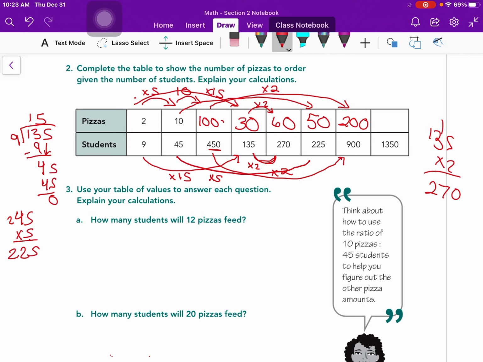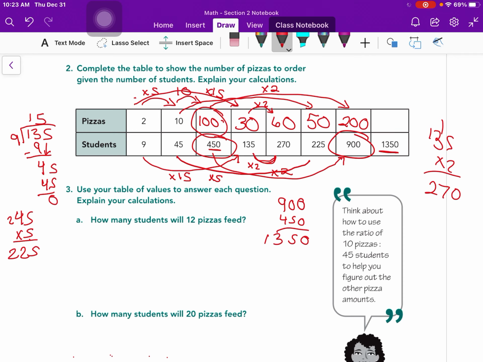So now I just have to make one last prediction here on how I can come up with this last one. Now, if I was to combine 450 students and 900 students, if I was to combine that student body together, 900 plus 450 gives me 1350.